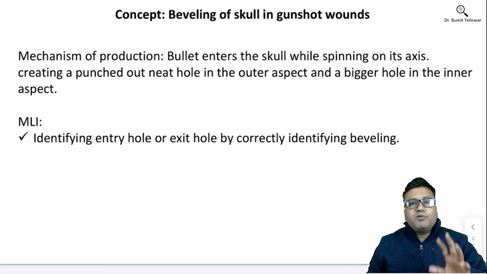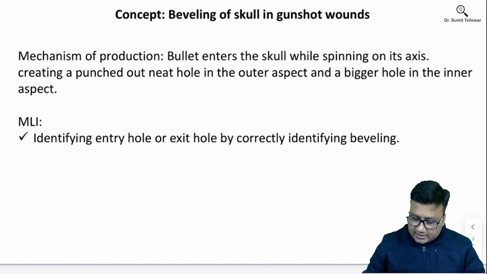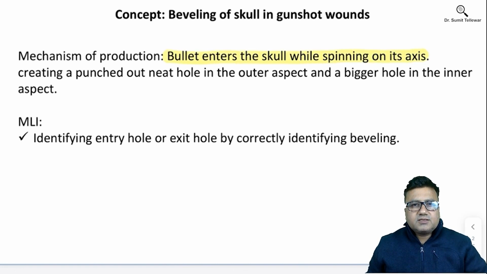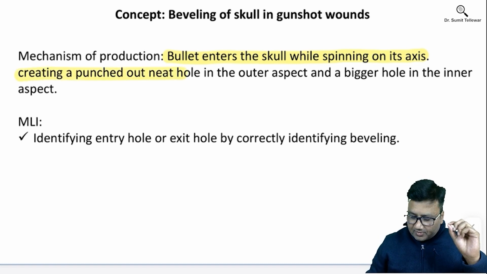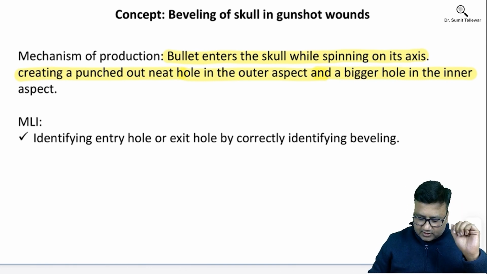Okay, so how beveling is produced, right? So beveling is produced by a bullet which enters the skull while spinning on its axis. So we know when rifled firearms are shot, the bullet comes out spinning on its axis, and this creates a punch out neat hole in the outer aspect of the skull, while a bigger hole in the inner aspect of the skull.